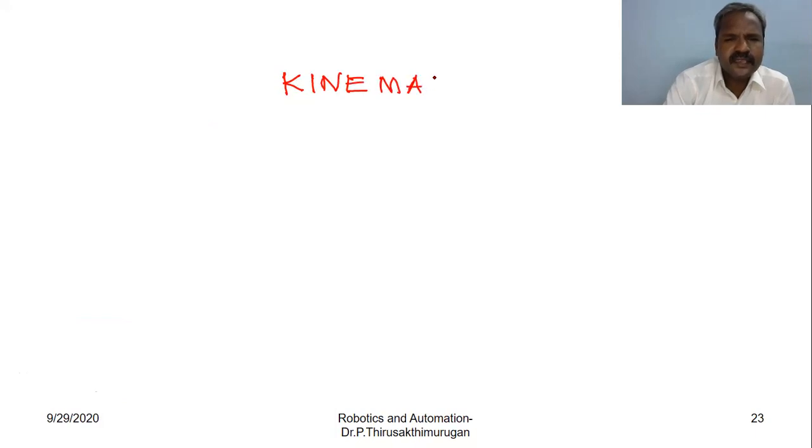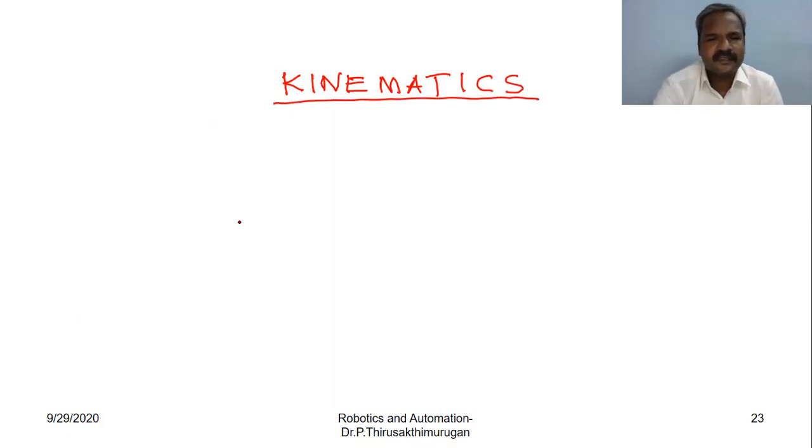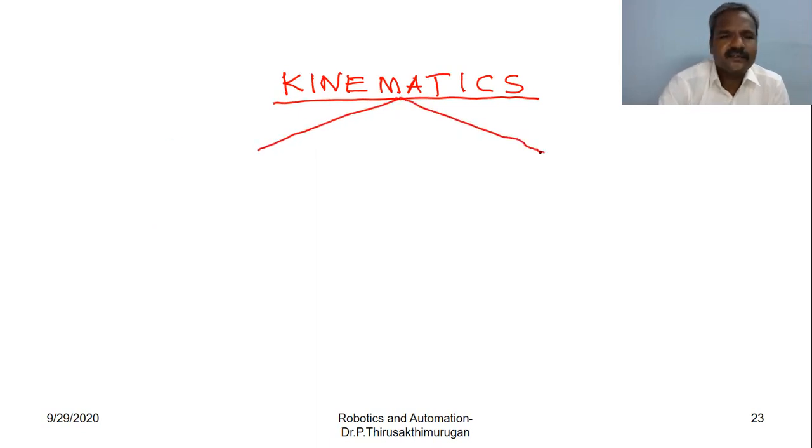We are going to see the mathematical analysis, so please bring a calculator to the next classes. There are two types of kinematics: forward kinematics and back or reverse kinematics.